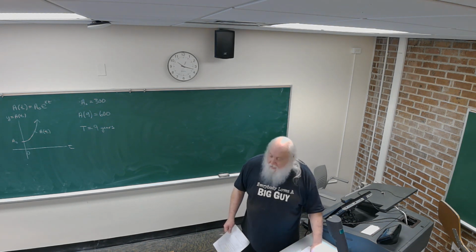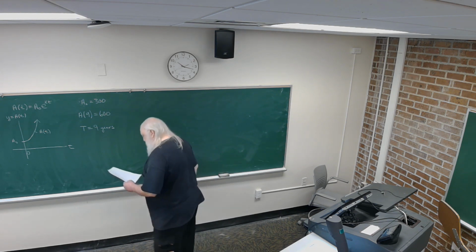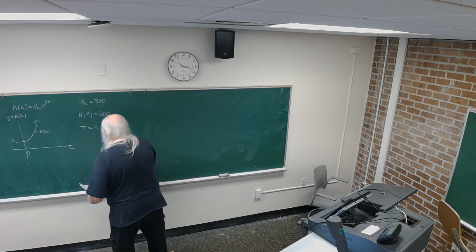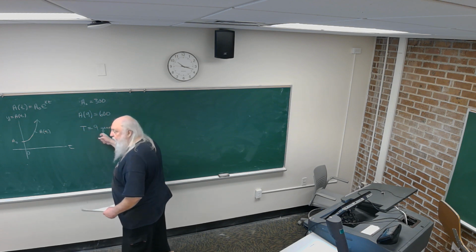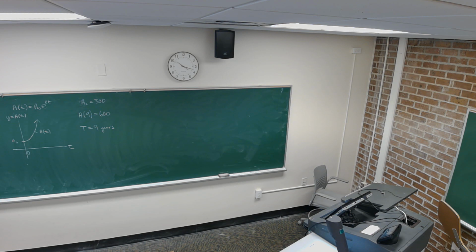So we have to find the model, A of t, for this exercise. We're given the time it takes to double, so the growth rate k in our model, remember t is the input variable, is equal to the natural log of 2 divided by the time it takes for the population to double.